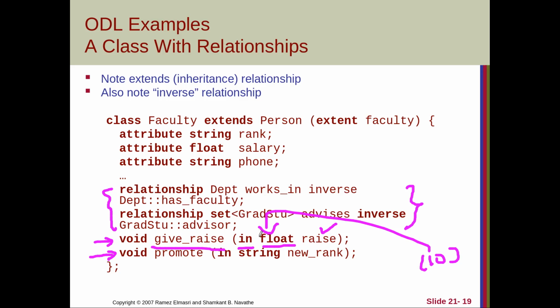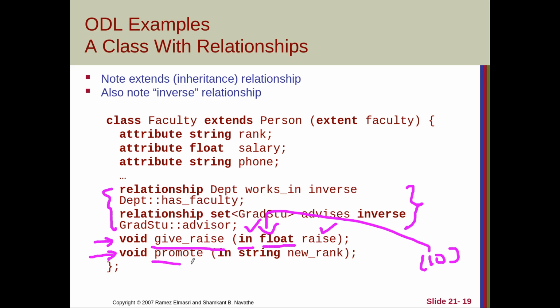From caller to callee, it will take the value from caller to callee. That is the meaning of in and out parameters we are using in SQL also. Similarly in ODMG also we are using in type parameters.